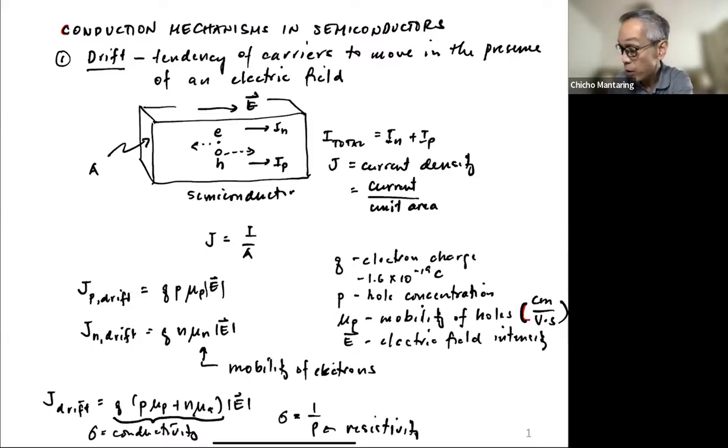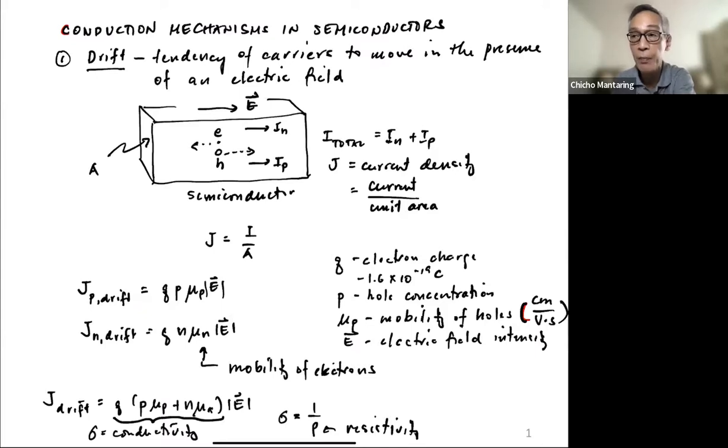Things to take note of: the mobility of electrons is significantly higher than the mobility of holes. Mas maliksi yung electron, so to speak. Mas nakakagalaw siya kaysa sa hole. It's easier for electrons to move rather than holes.